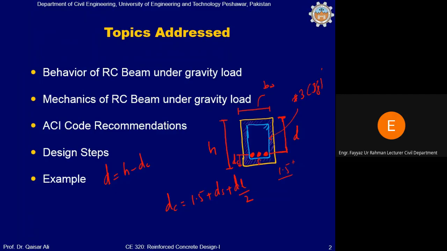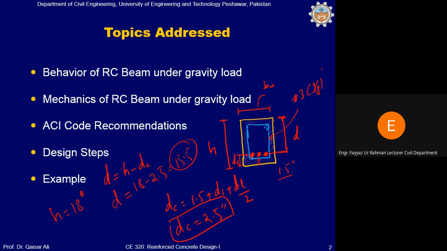Okay, so what you can do in the start, you can assume that DC is equal to 2.5 inches. So for example, if your H is equal to 18 inches, depth of beam is 18 inches, you can calculate the effective depth by 18 minus 2.5 inches, so it will be equal to 15.5 inches.